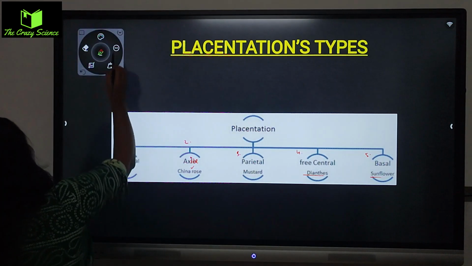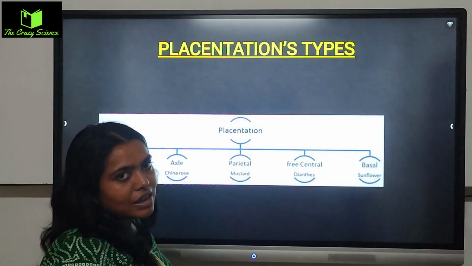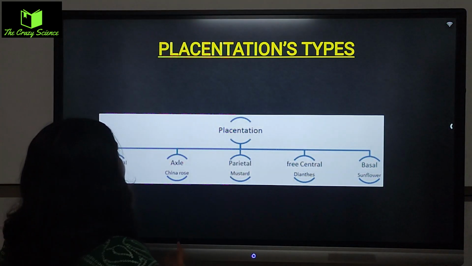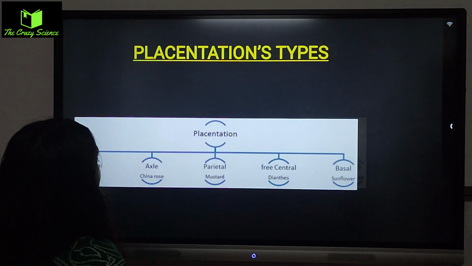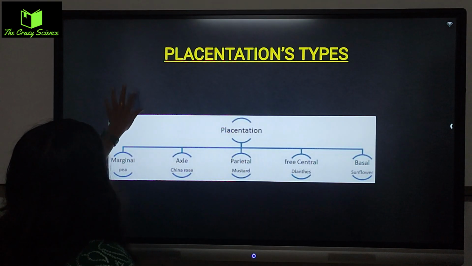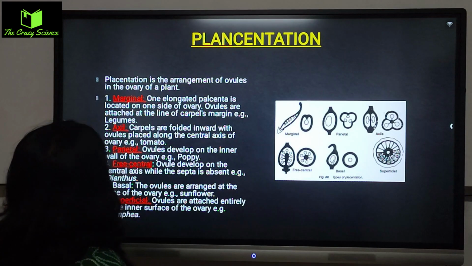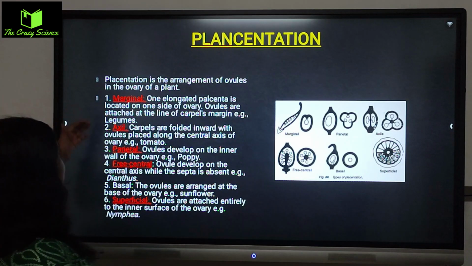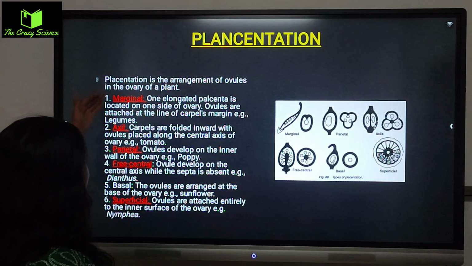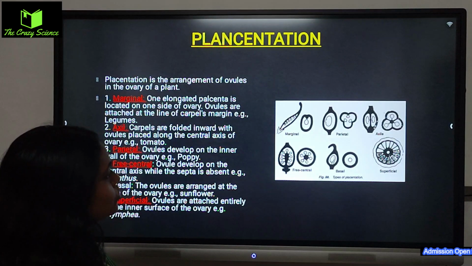All right, so let's move to their types and their actual definitions. So this is placentation, and as I always say, placentation types are marginal, axile, parietal, free central, and superficial.